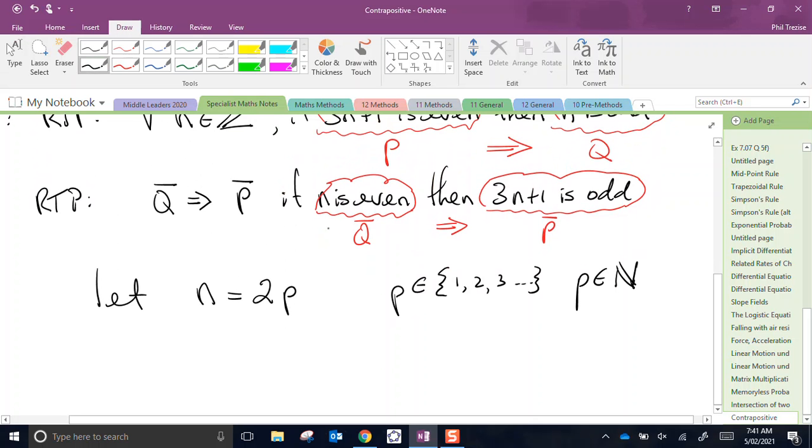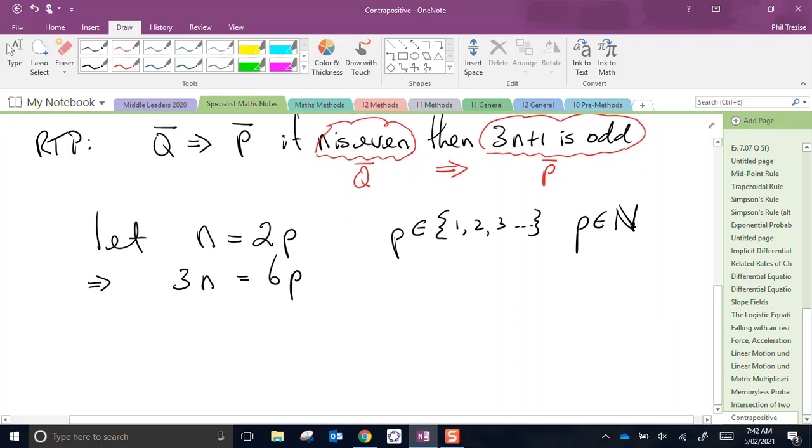Now that's where we start from, but we want to get to this stage here of having 3n plus 1. So we build this up. Well, if it is true that n equals 2p, then logically enough, 3 times n would equal 6 times p. And the next bit, we want 3n plus 1. If I add 1 to both sides of this expression, 6p plus 1.